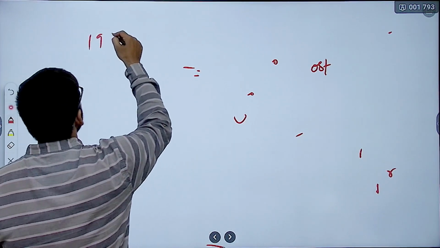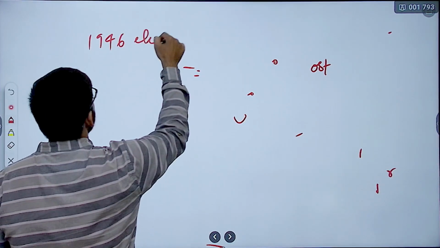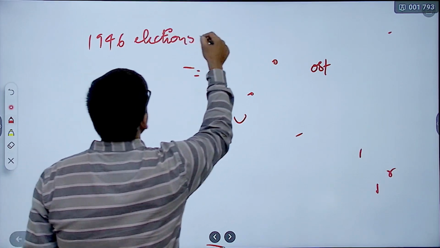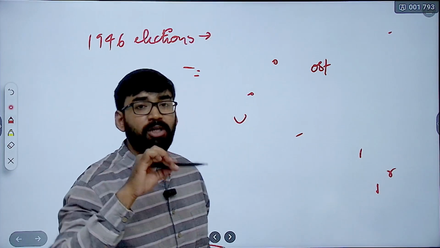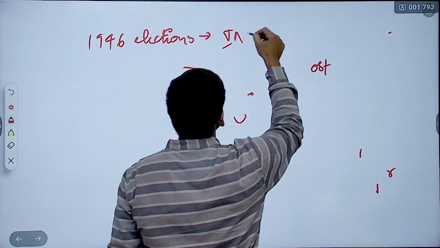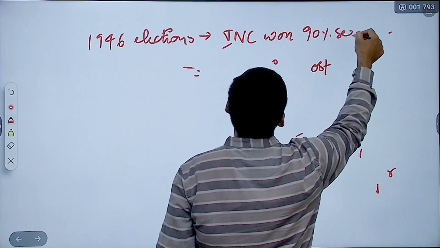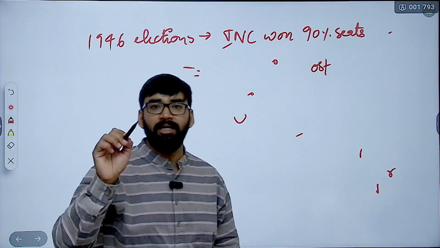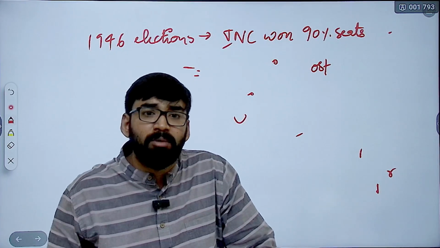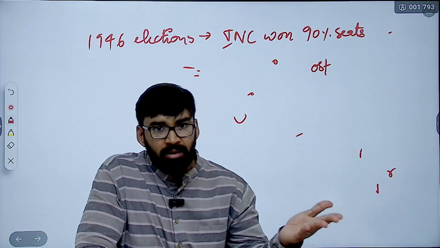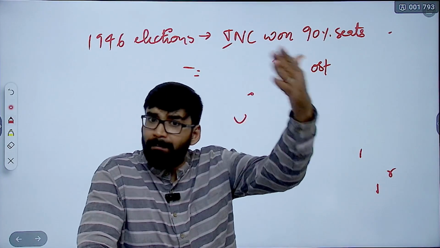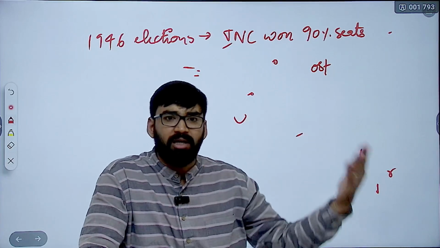In this elections of 1946, Congress won with majority. INC won 90% seats, and Muslim League swept Muslim seats. So polarization was now complete. Two nation theory took the ground.